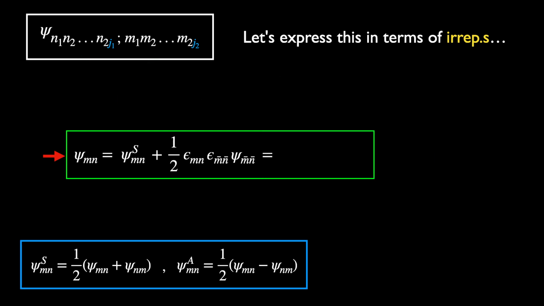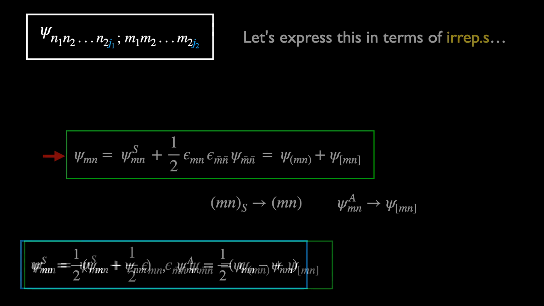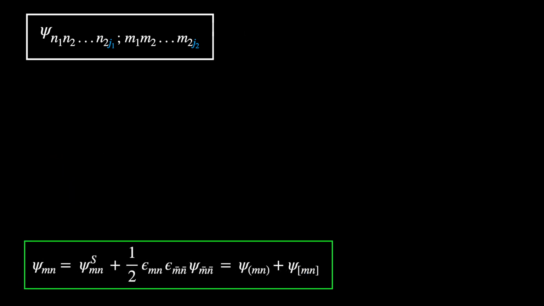To make our job easier, let's simplify our notation. Symmetrization of two indices is represented by just a round bracket, while anti-symmetrization is indicated by a square bracket. Let's apply the decomposition to the first index on either side, n1 and m1.